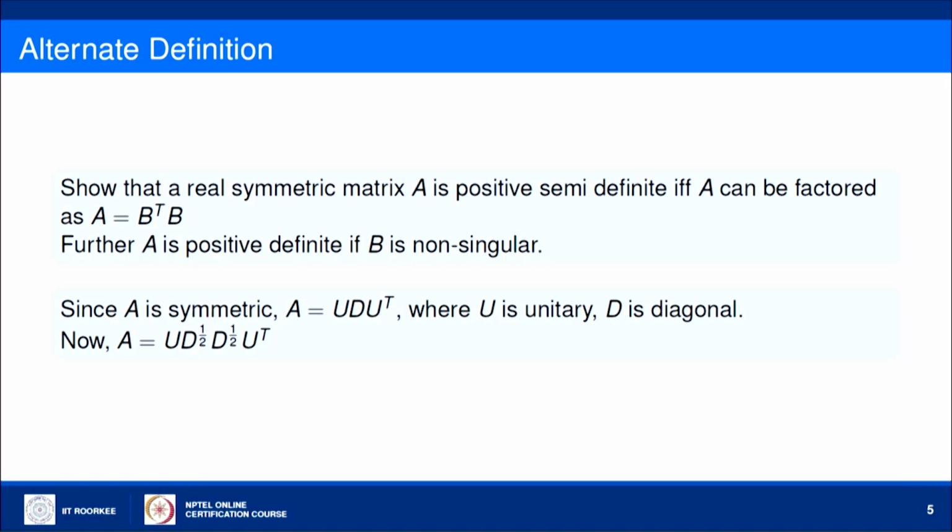So the proof can be seen like this. A is positive definite or positive semi-definite if and only if A can be written as B transpose into B.